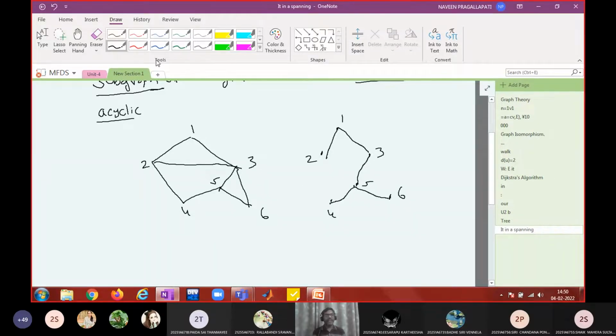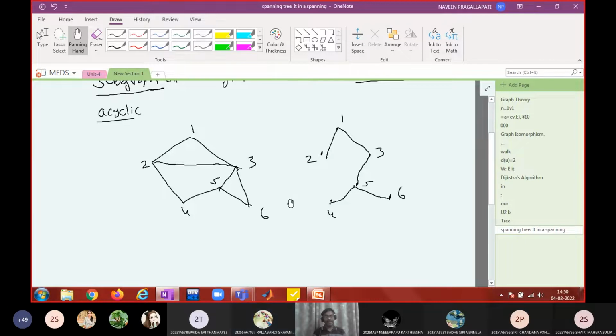Is this a spanning tree? Both contain the same vertices, and this is a subgraph containing the same vertices of G. Therefore, this is a spanning subgraph. This spanning subgraph is a tree. Therefore, it is a spanning tree.